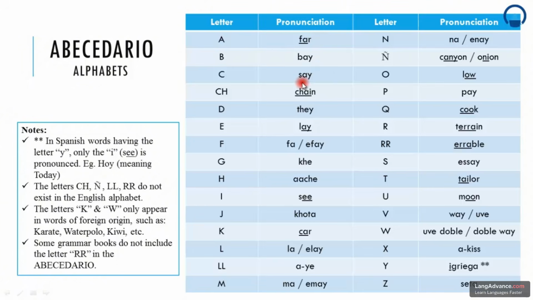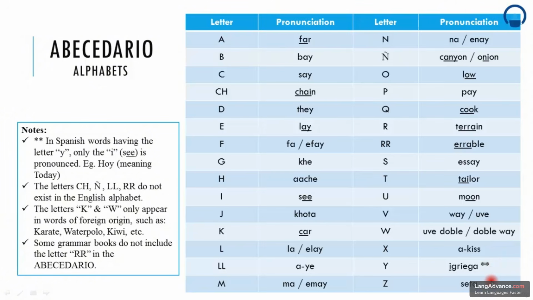A, B, C, Ch, D, E, F, G, H, I, jota, K, L, elle, M, N, enye, O, P, Q, R, erre, S, T, U, V or uve, uve doble or W, equis, Y and zeta.